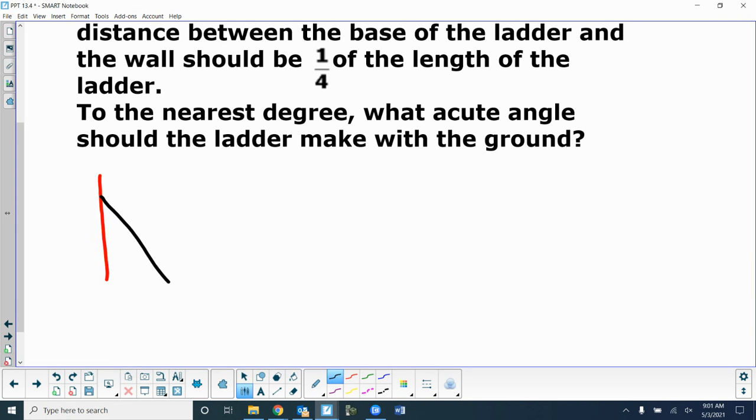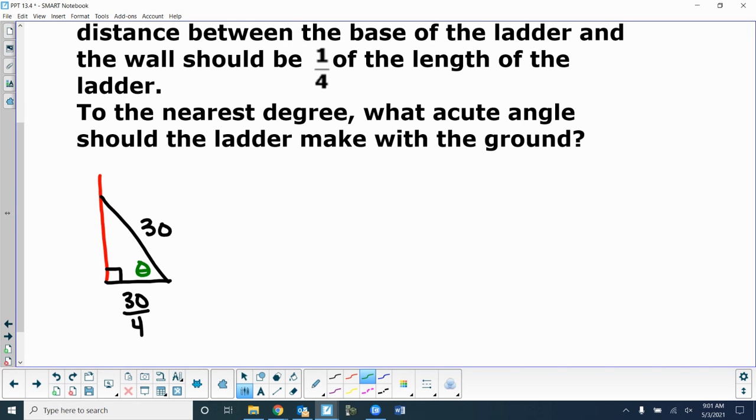How long is this ladder? 30 feet. How long is it from here to here? 1/4 of that, or 30 divided by 4, right? That makes sense? We're looking for that, right? What angle should the ladder make with the ground? Isn't that what it asked us?